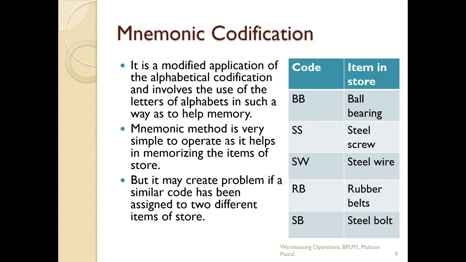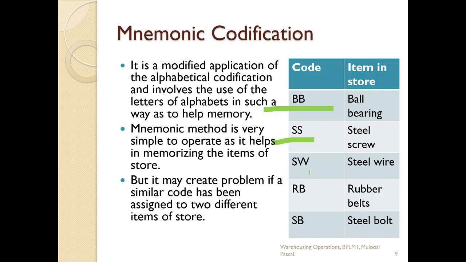mnemonic, also similar to alphabetic. But only that here we'll find ourselves using more than one alphabetic letter. If it's a ball bearing, you'll call it BB. If it's a steel screw, you refer to it as SS. Steel wire, SW. Rubber belts, RB.